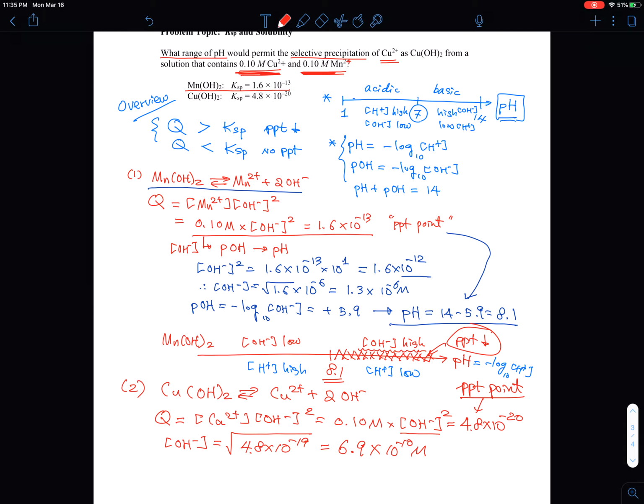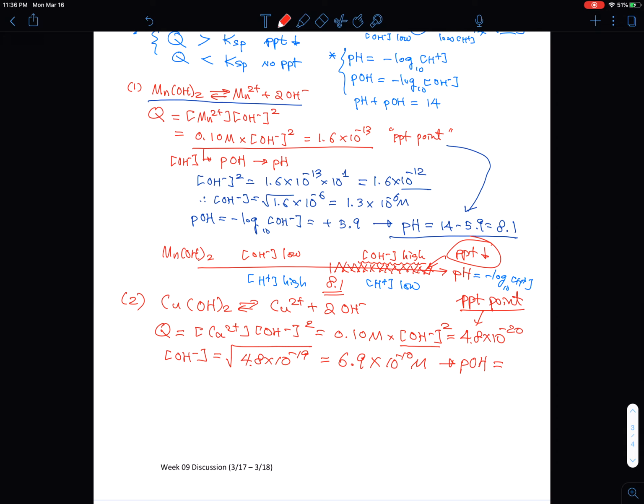The pOH is 9.2, so the pH, 14 minus pOH, is 4.8.